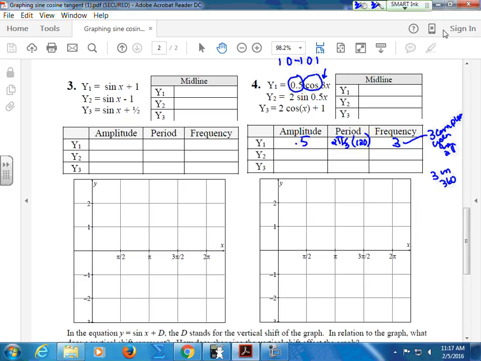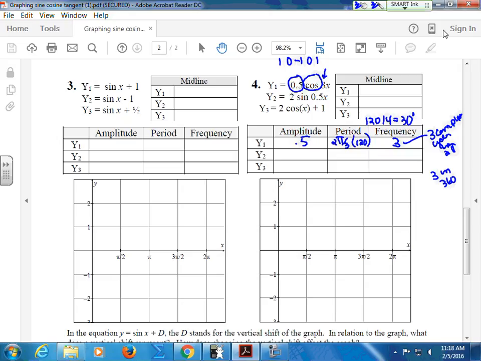Now, here's the key. Every 120 degrees, I need to make a cycle. How many quadrants do I have to go through for one cycle? 4. So I'm going to do 120 divided by 4. Every quadrant has to be 30 degrees. Every time I go through a 1, 0, negative 1, I have to go through it at 30 degrees. So we're going to make all our tick marks match 30 degrees.